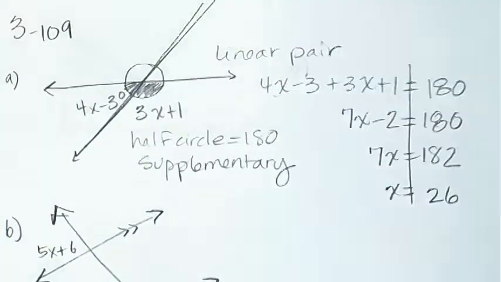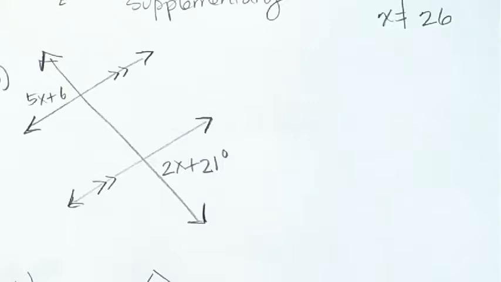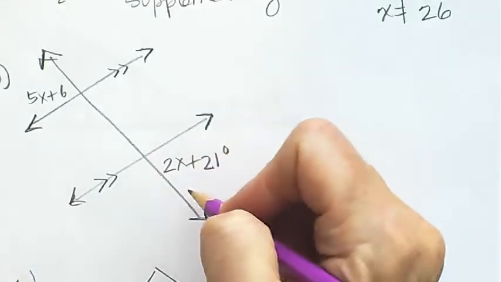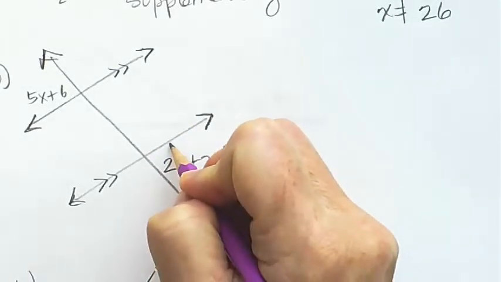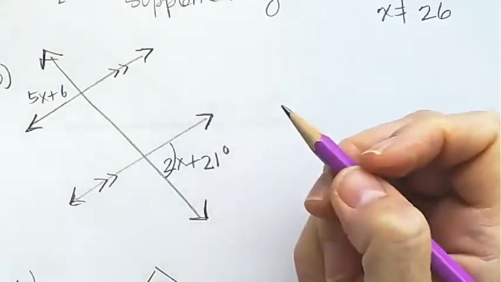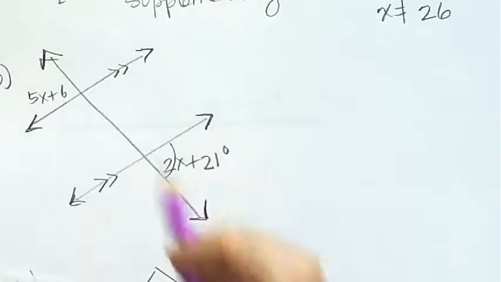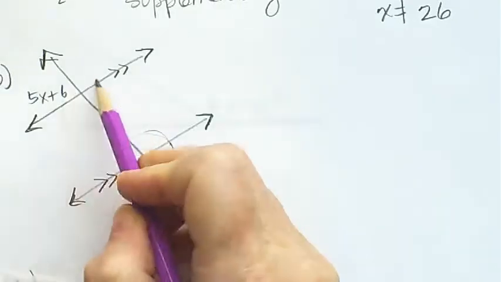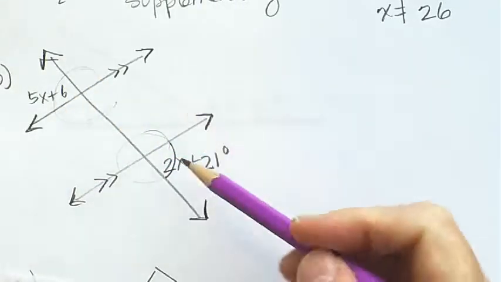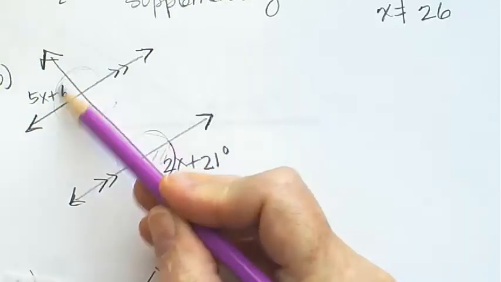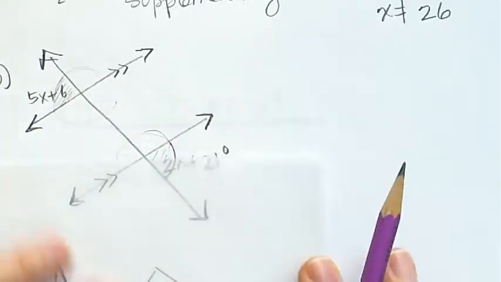Okay, draw the next picture for B. We have parallel lines, and we have the arrows to show that they're parallel, which means that these 4 angles here are going to match these 4 angles here. Now, as for this angle and this angle, I'm going to use the tracing paper to see.